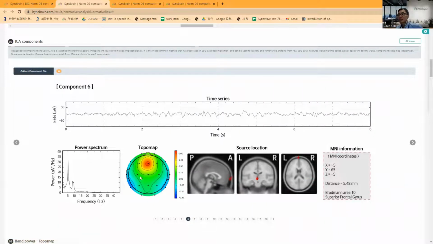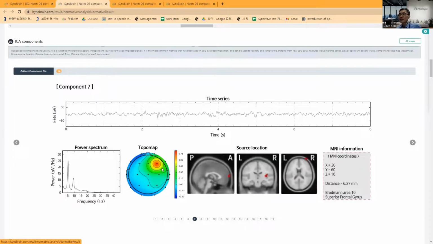And this frontal theta rhythm well explains her Parkinson symptom. And there is another slow theta rhythm in the frontal area.